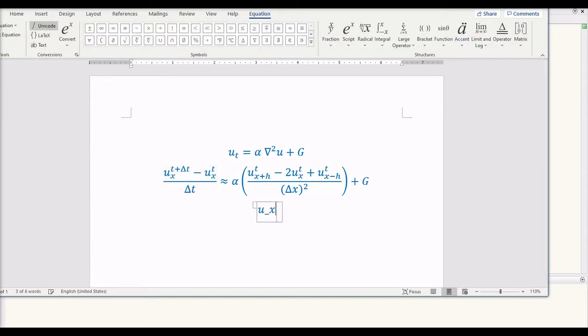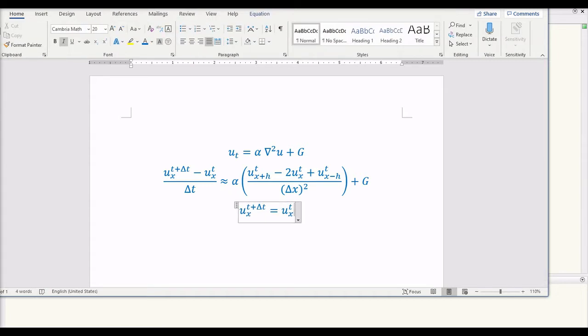So we're going to have u sub x raised to the power of t plus delta t. And that's going to be equal to, so we're going to add this u_x^t term. So u sub x to the power of t. And then we're going to have plus alpha delta t all over delta x, the quantity, squared.